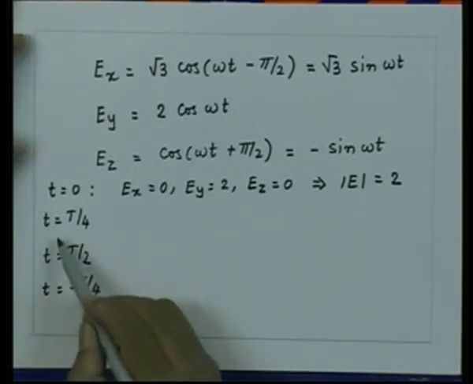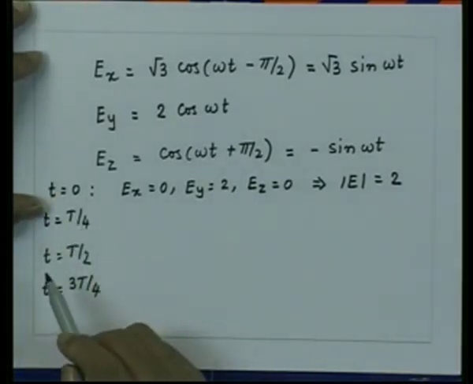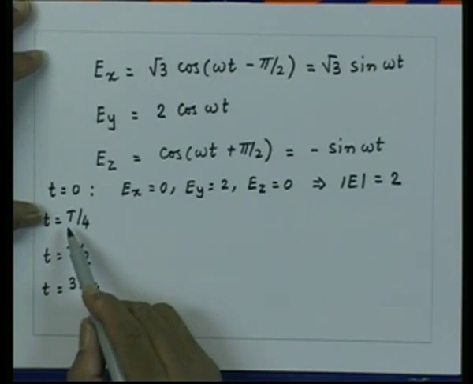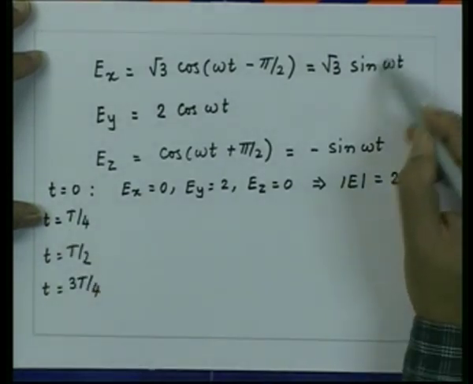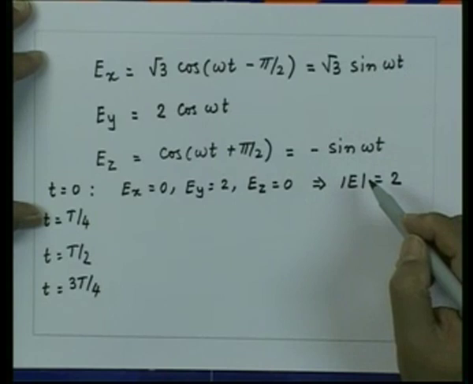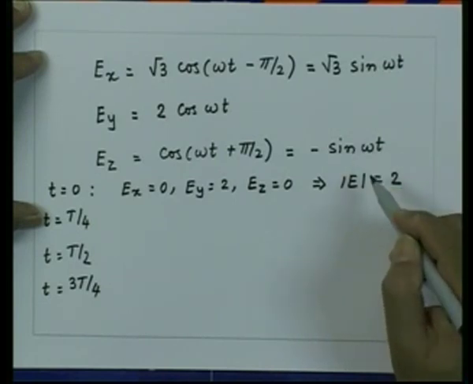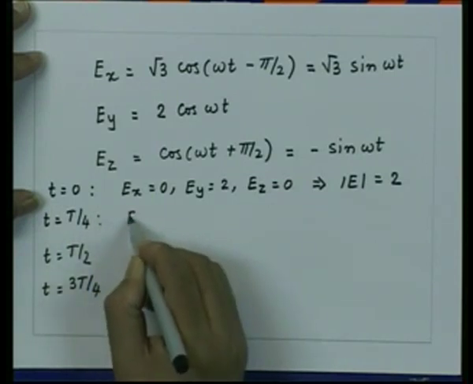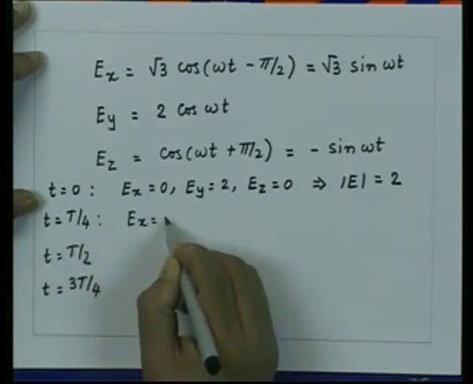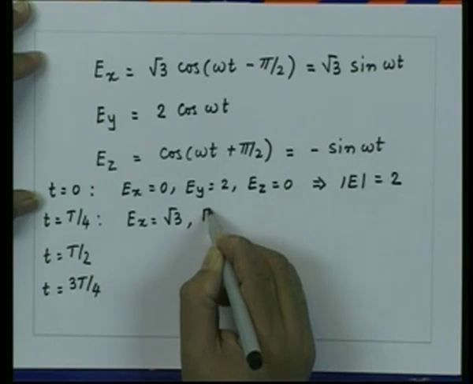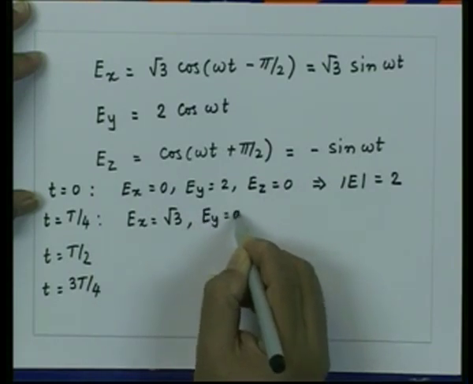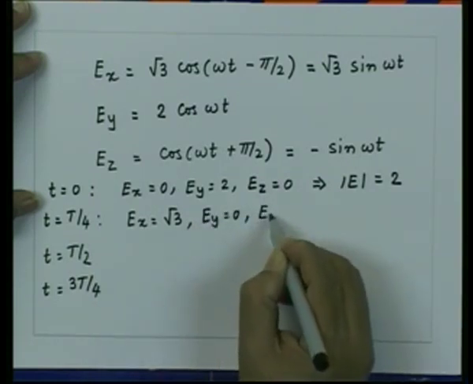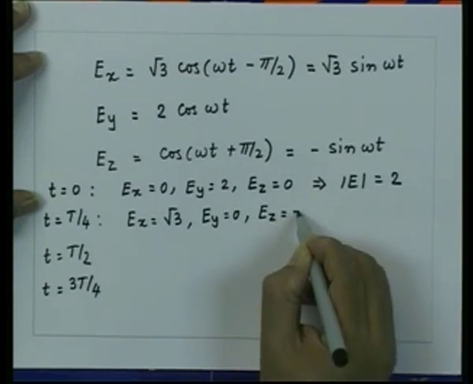If I go after a quarter period, which is T by 4, then this quantity will be plus 1, this will be minus 1, and this quantity will be 0. So you get E x equal to root 3, E y equal to 0, and E z equal to minus 1.